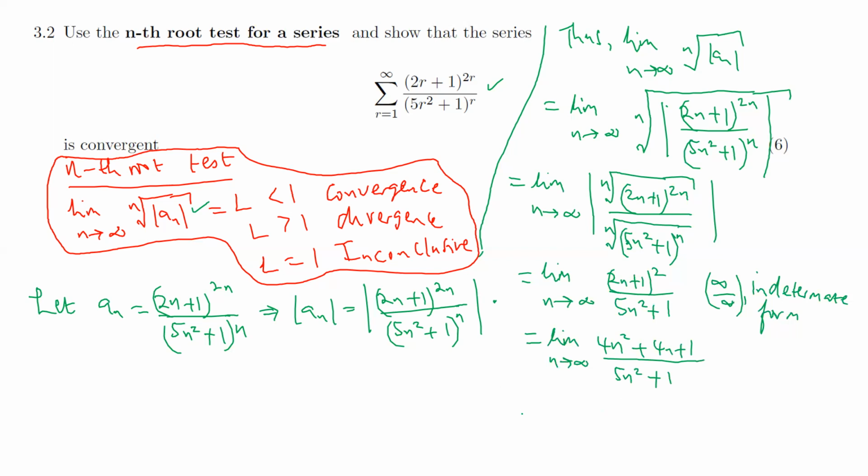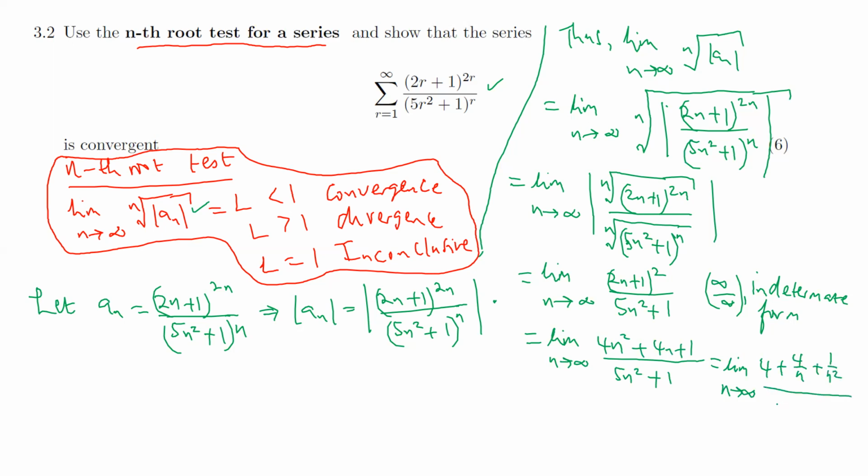So we have the limit as n approaches infinity. You factor out n squared from the top, it becomes 4 plus 4 over n plus 1 over n squared.